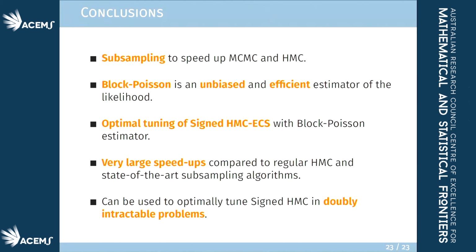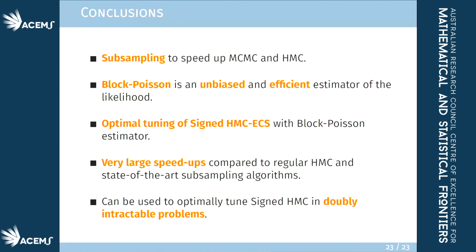Okay, so conclusions. We've got subsampling to speed up MCMC and HMC. Block Poisson gives us unbiased estimation. We tune the signed HMC.